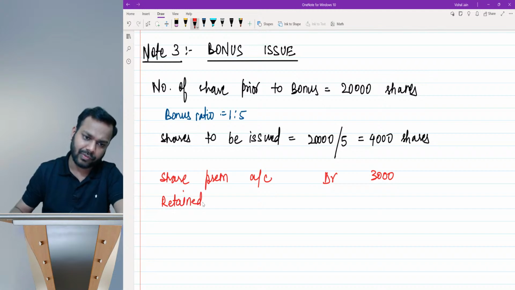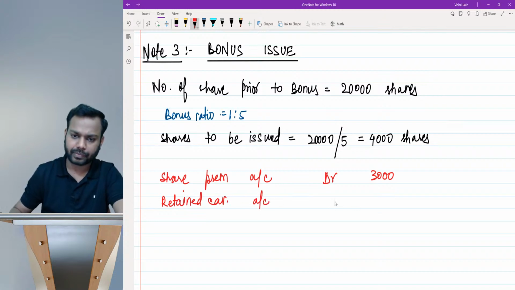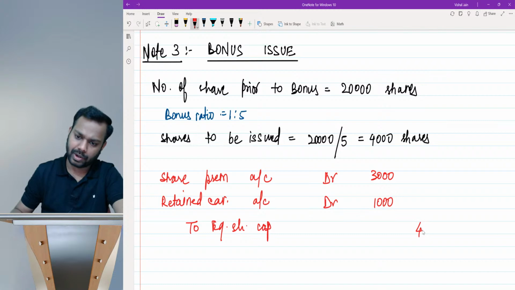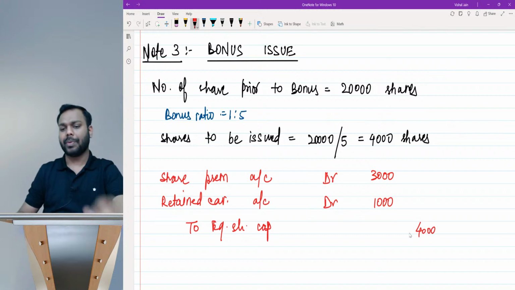The remaining will be adjusted from retained earnings. Retained earnings account debit 1,000, to equity share capital 4,000. I hope it is clear, everyone.